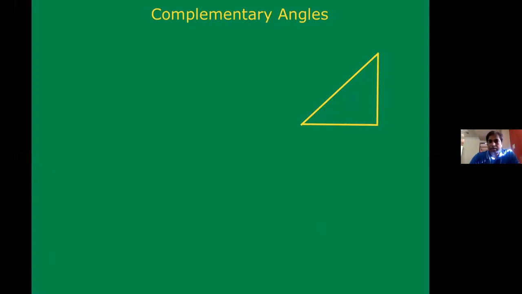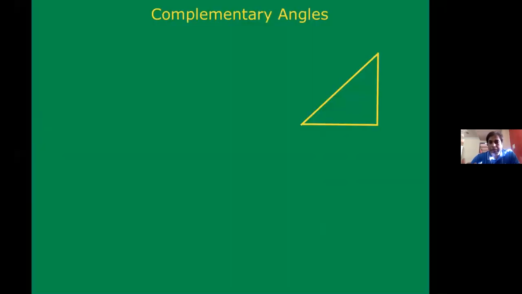In this chapter, we will talk about the complementary angle and the concept of the trigonometric ratio of the complementary angle. Two acute angles are said to be complementary if their sum is 90 degrees.